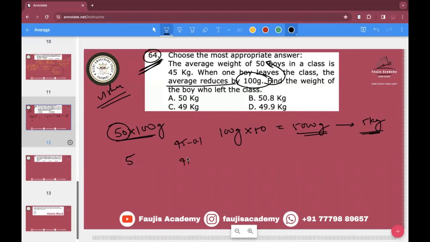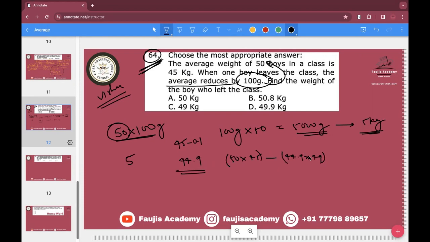So the average becomes this much, right? Then we go with 50 into 45 in total value, and 50 into 44.9 minus 44.9 into 49, right?